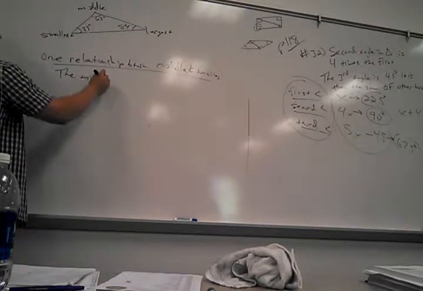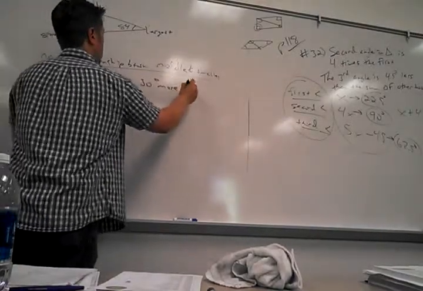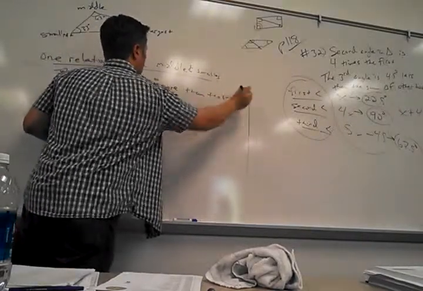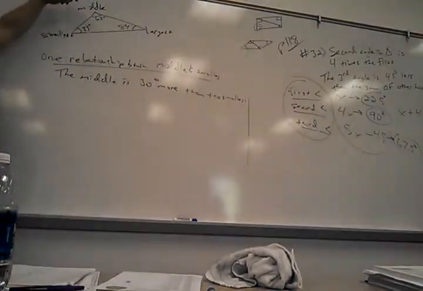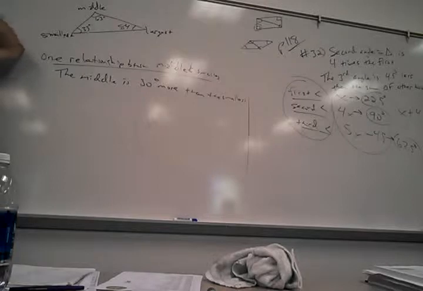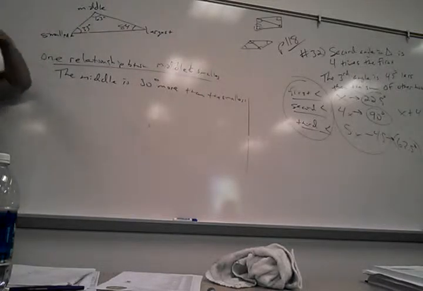So you can say the middle is 30 degrees more than the smallest. You with me? I could have also said, now let me see if you guys are with me on this, the middle is 3 less than twice the smallest. What's twice this? Minus 3. Do you see how they both represent the same situation?